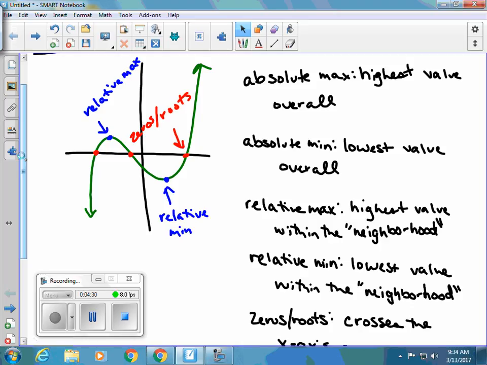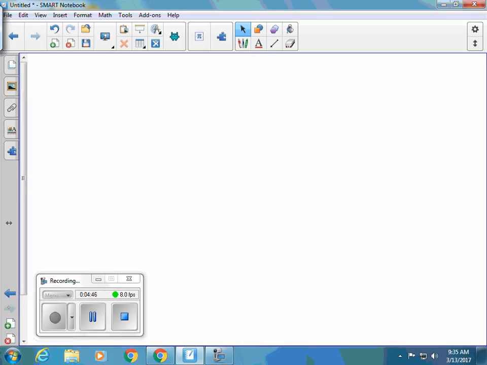We've already talked about even and odd functions. We've talked about what those should look like and approximately how many roots they should have. But just as a refresher here, if you have an even function, it's going in the same direction. Both ends are approaching the same direction.